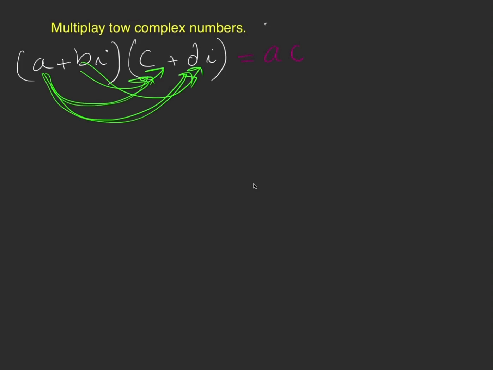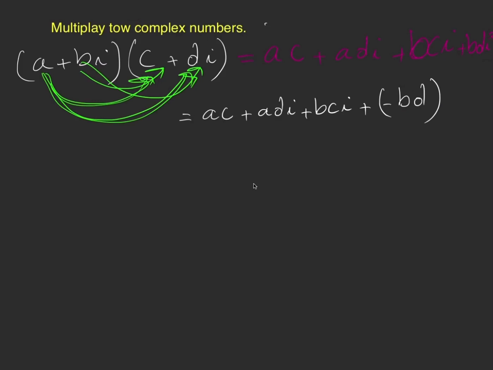ac plus adi plus bci plus bdi squared. So what is going to give us is ac plus adi plus bci plus, since this i squared is negative 1, minus bd.